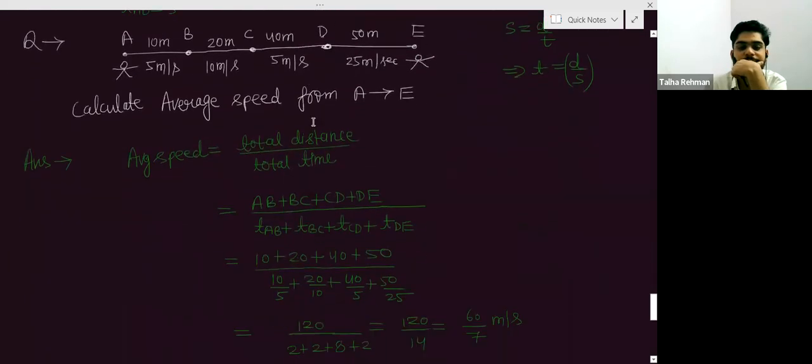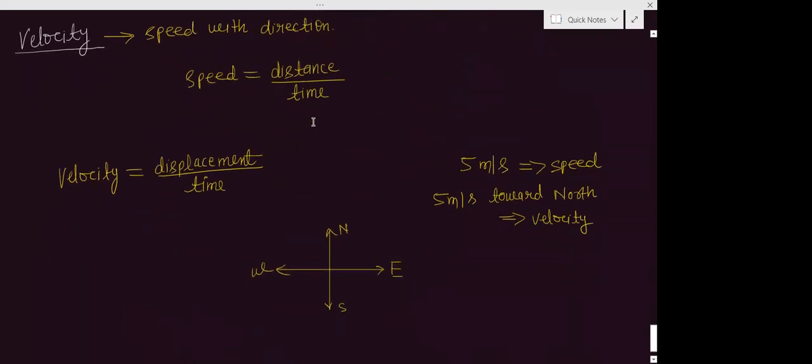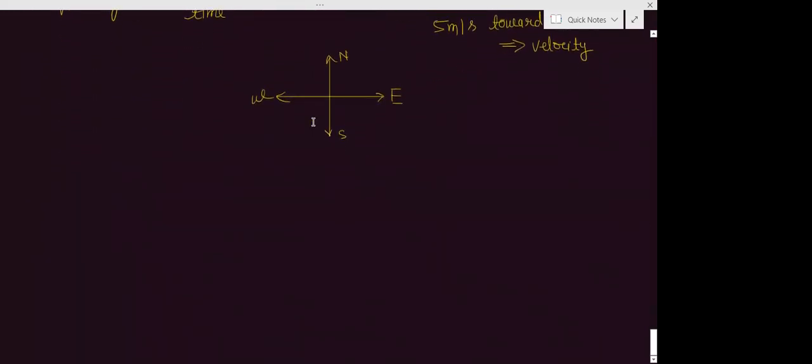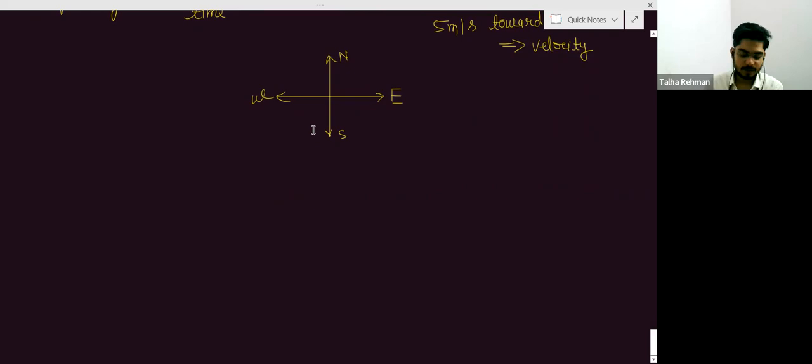Then I have told you the velocity. So velocity means you are moving along a certain direction. I am saying you are moving 10 meters per second along east means I am saying your velocity is 10 meter per second.